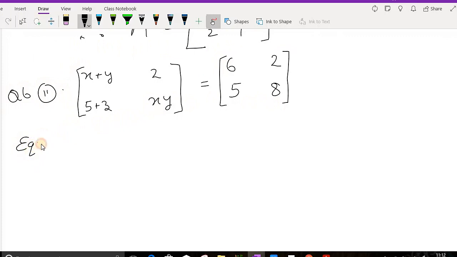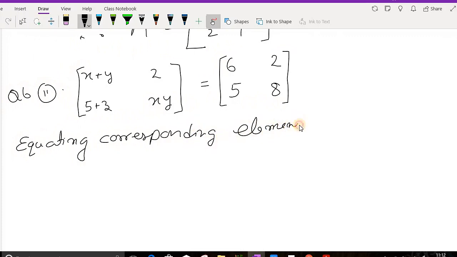So equating corresponding elements of the two matrices.